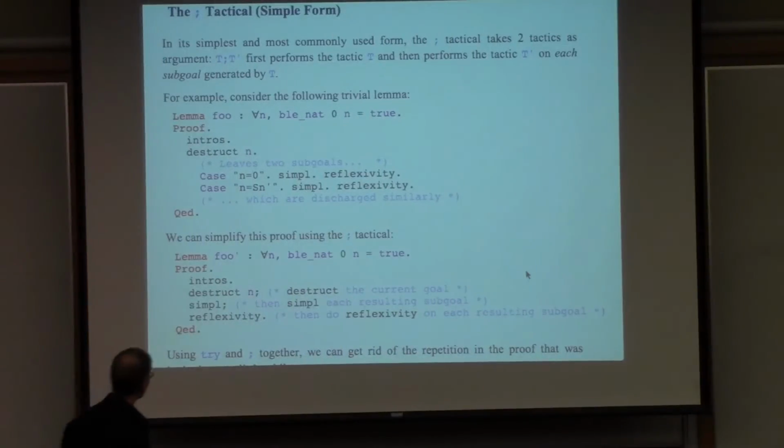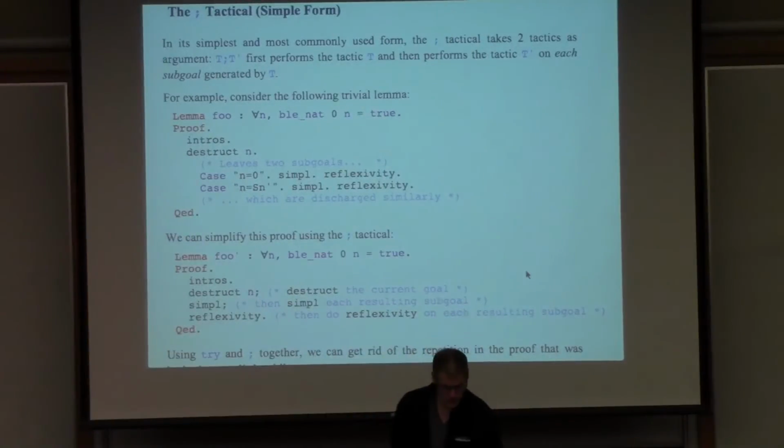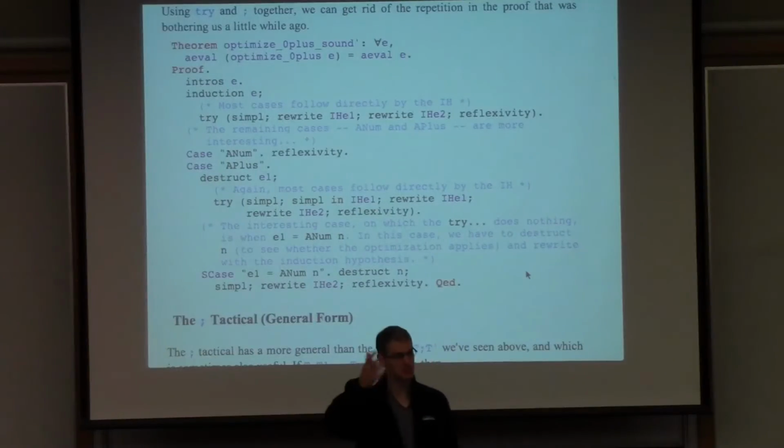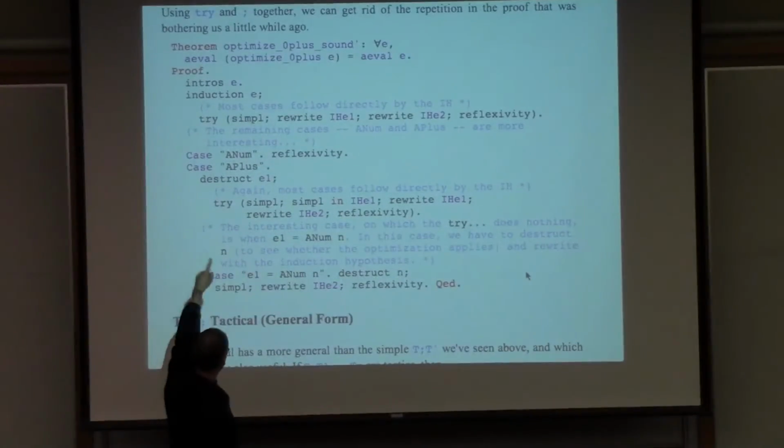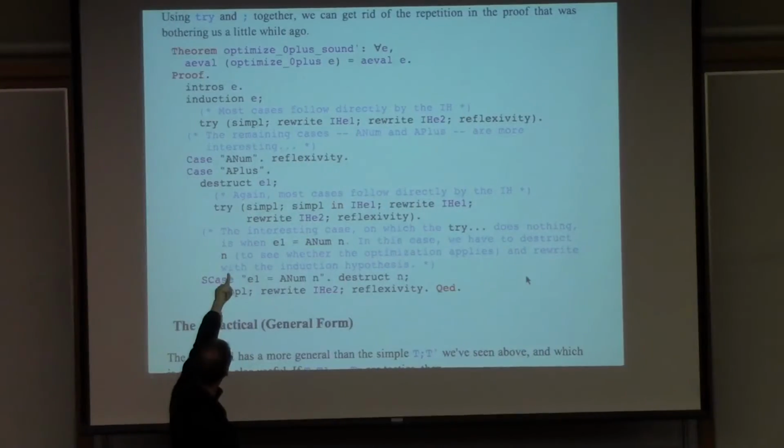Okay, so if we do, for example, induction semicolon something, the something is going to get applied to each case of the induction. And in this proof, several of them will just disappear because what happens after the semicolon completely takes care of all of the subgoals of that case of the induction. So what will be left in this case is just two cases, the num case and the plus case.